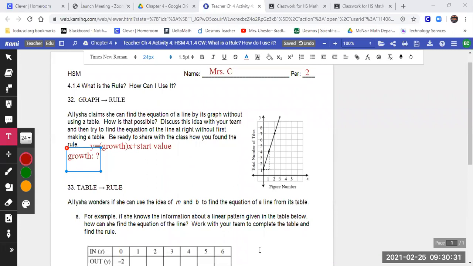So we have to look at the changes, but then once we know the changes, what do we do with those changes?